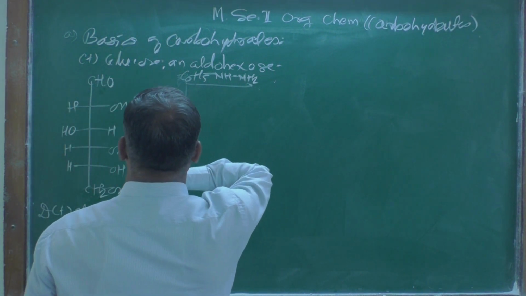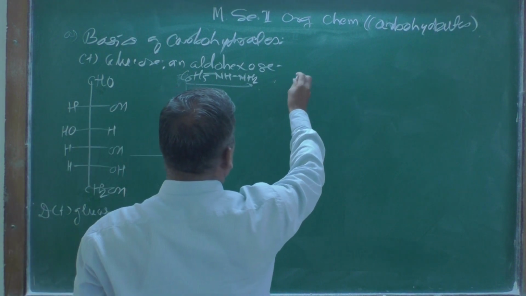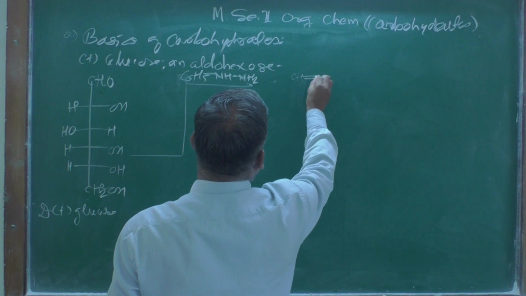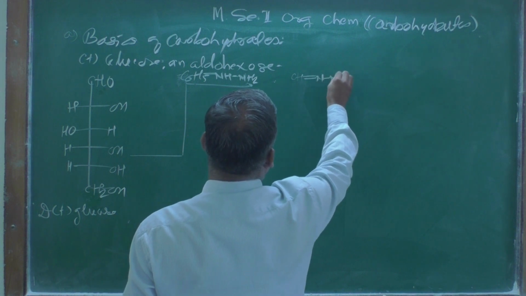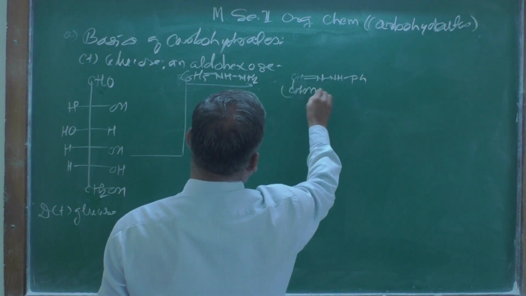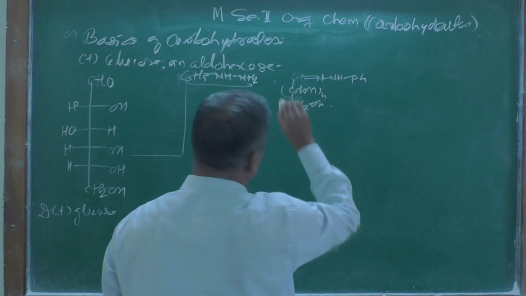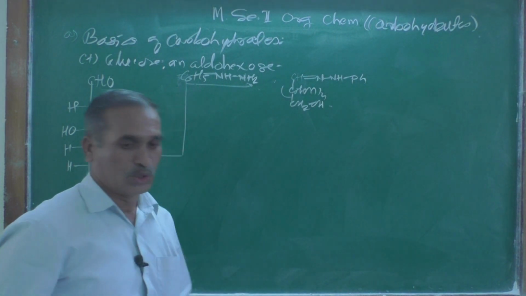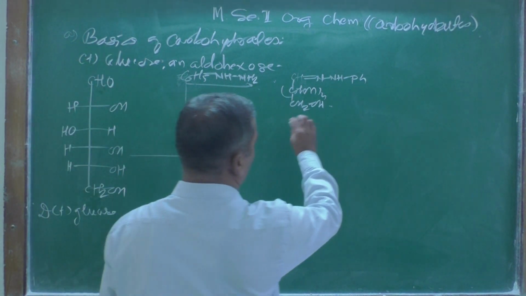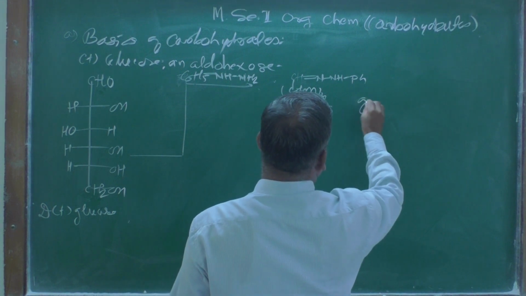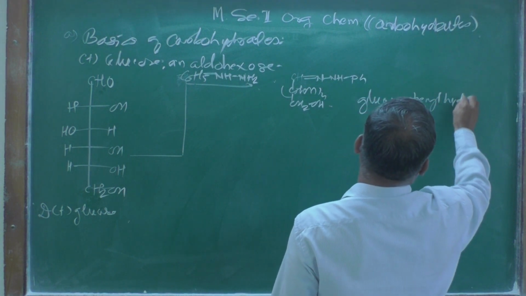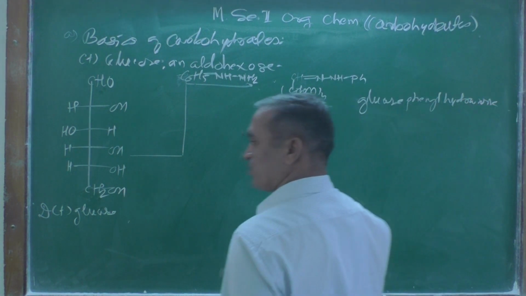What you are going to get is a derivative; in short I am writing CH double bond N, then NH and Ph, then CHOH four times and CH2OH, because we are going to show some properties regarding this. This is called glucose phenylhydrazone. This is a reaction.